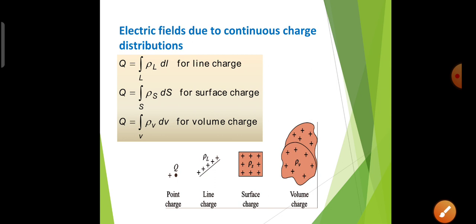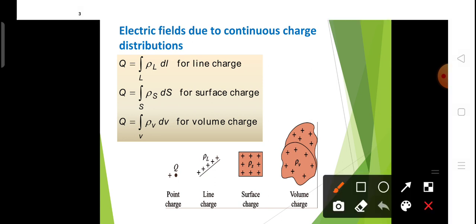Then we should know what is the charge for line charge, surface charge and volume charge. Here for line charge, Q is equal to rho L into dl. It is a single line integral.